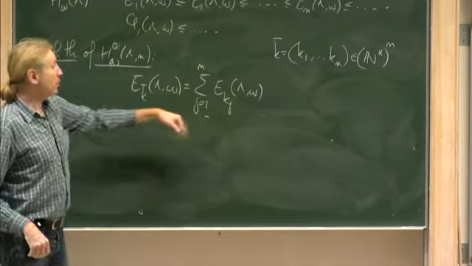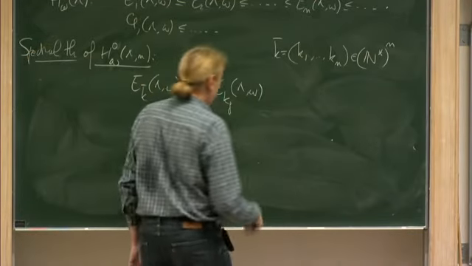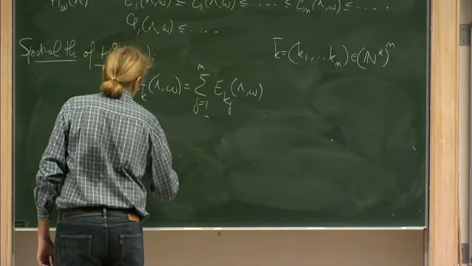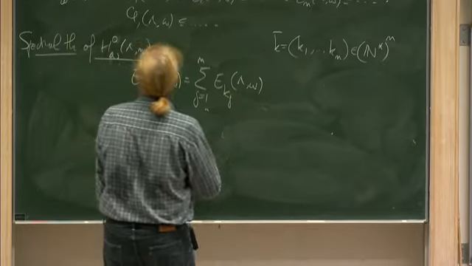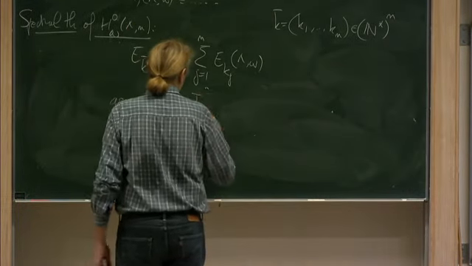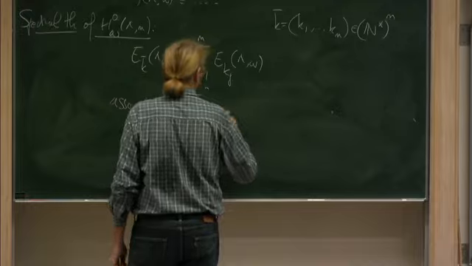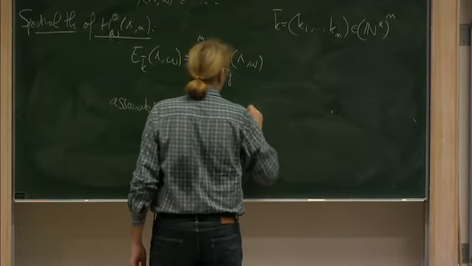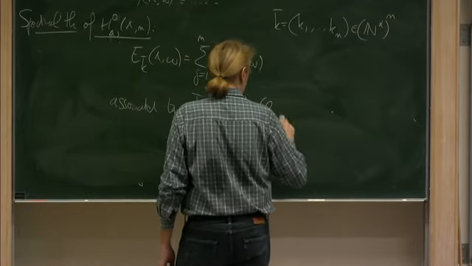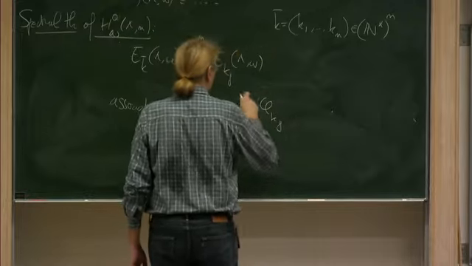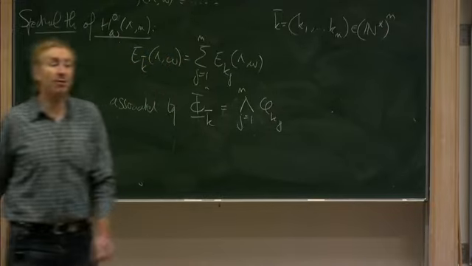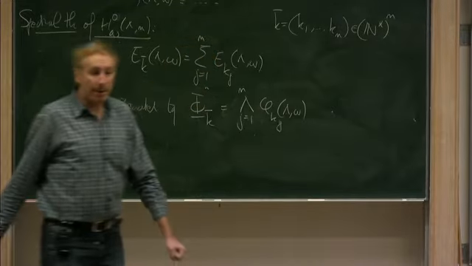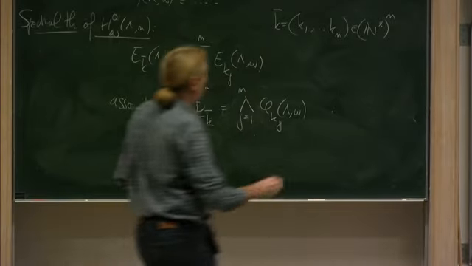You can check that this energy is an eigenvalue associated to the eigenfunction big phi sub k bar, which is just the antisymmetric tensor product of phi_{k_j}, j going from 1 to n, the eigenfunctions for the one particle model, which in physics is also called the Slater determinant.